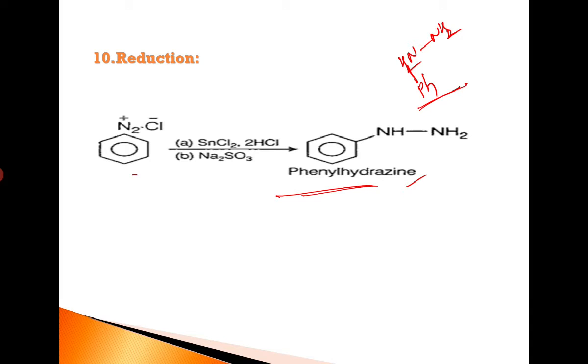The groups which cannot be directly introduced on the benzene ring can be introduced by using benzene diazonium chloride. With this I conclude today's session on the electrophilic substitution reactions of aromatic amines, the diazotization reaction, and the uses of diazonium salts in the preparation of different benzene derivatives.